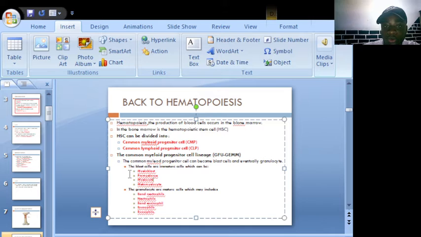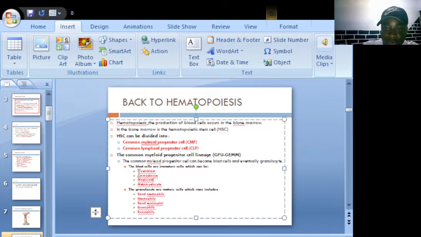Okay, so we have established the point that the hematopoietic stem cell is in the bone marrow. And inside the bone marrow, we have the hematopoietic stem cell, which can be divided into the common myeloid progenitor cell and then the common lymphoid. Of course, we can have the blood cells, the immature cells, which are the myeloblast, promyelocytes, metamyelocytes, and then the myelocyte.